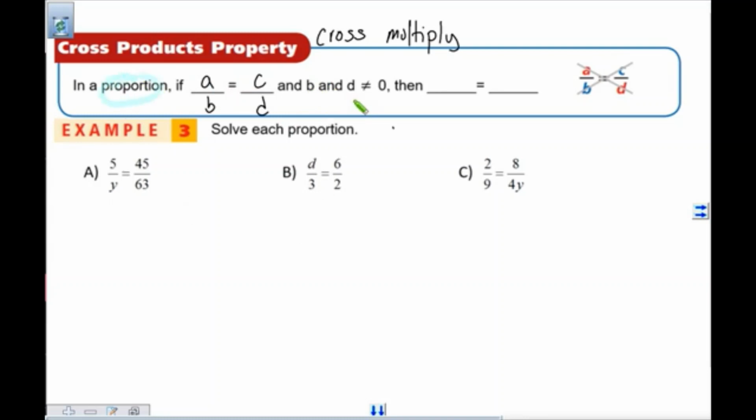And make sure B and D aren't 0 because they're in the denominator and we don't divide by 0. And then we are going to cross multiply. A times D equals B times C. Now some of you will remember this as the butterfly method. Multiply those two and you are multiplying these two.